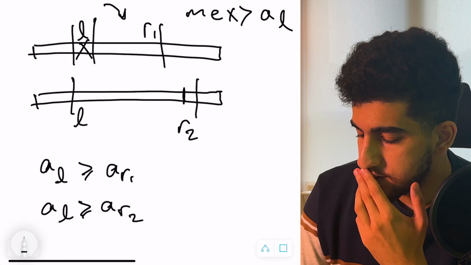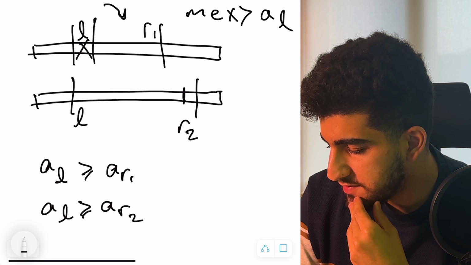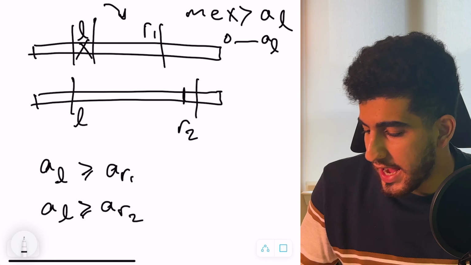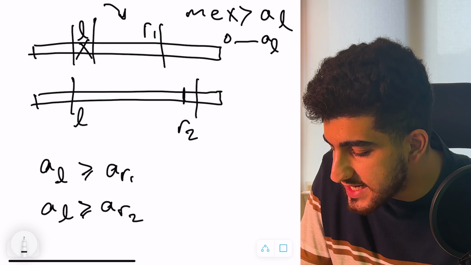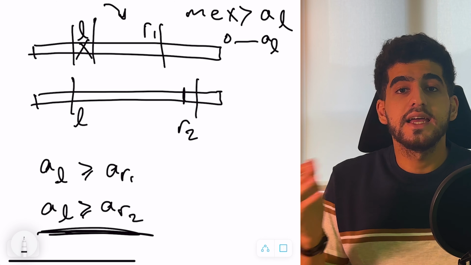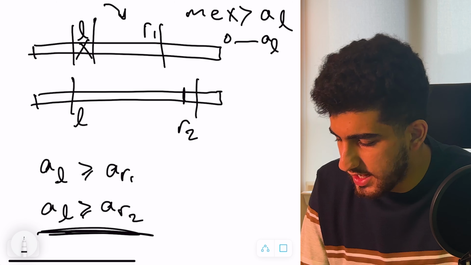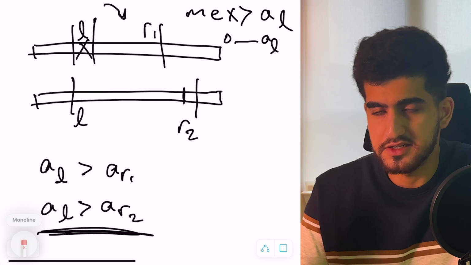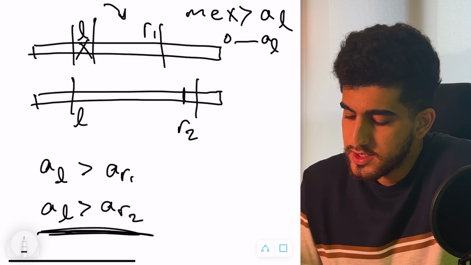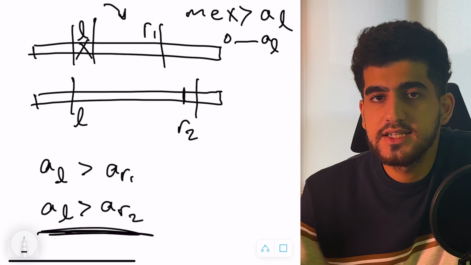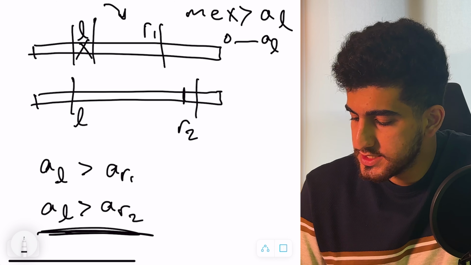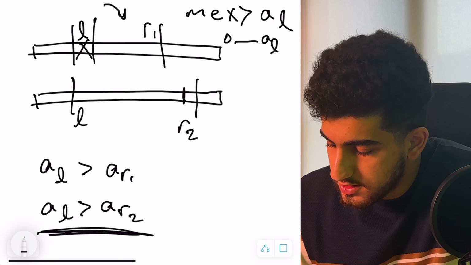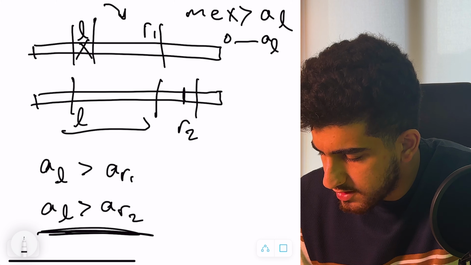So this one was useful, and it means that we have all the numbers from 0 to A of L already. So having A of R2, which is less than or equal to A of L, is not useful anymore. As I said, it is also strictly less than A of L. Both of them are strictly less than. There's no difference. In both of the cases, it is a contradiction, because if A of R2 is less than A of L, we are sure that in here we have A of R2 already.